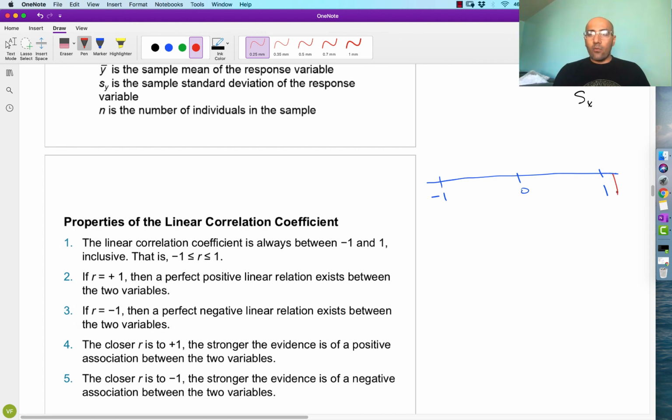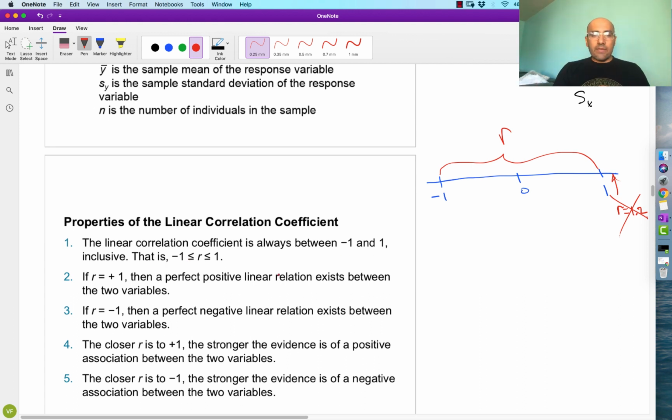If you did all that work and you end up with r equals 1.2, you did something wrong. It's never going to be bigger than 1. It could be 1, it could be -1, it could be 0. Otherwise, it's going to be some decimal right in here. So from -1 to +1, these are valid values of r, the correlation coefficient. So the linear correlation coefficient is always between -1 and 1, inclusive, so we include the endpoints.